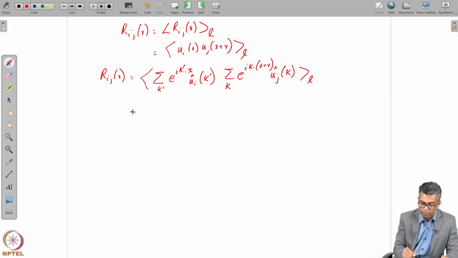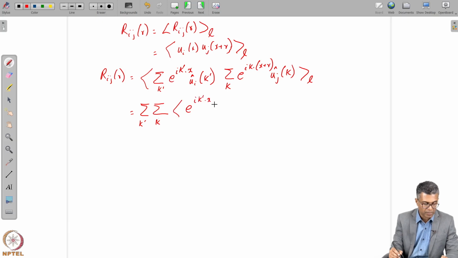I can take both of the summations out, so I have the summation over kappa prime and kappa, and then the volume average of e to the i kappa prime dot x times e to the i kappa dot (x plus r). Only this remains in the volume average, along with u_i hat of kappa prime and u_j hat of kappa, which can be a separate mean.